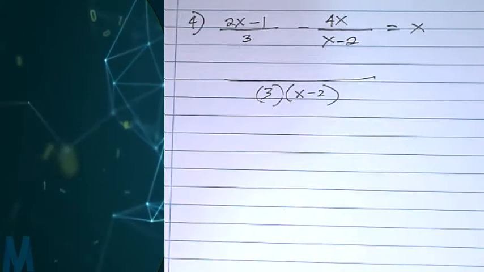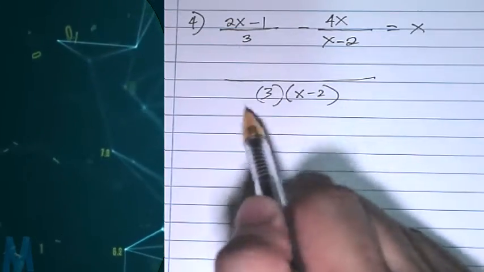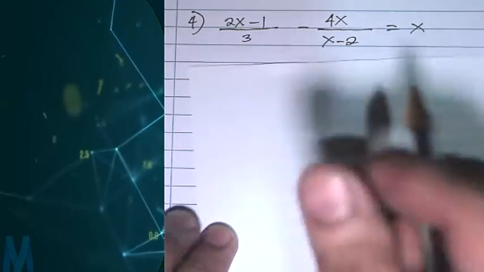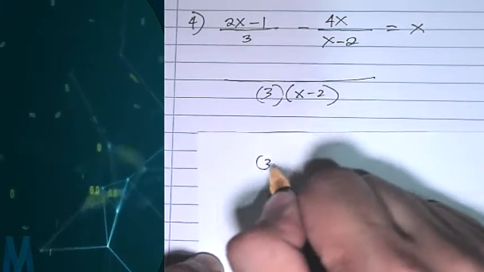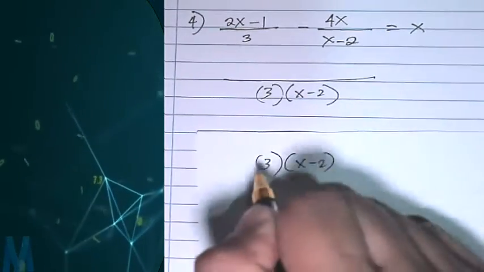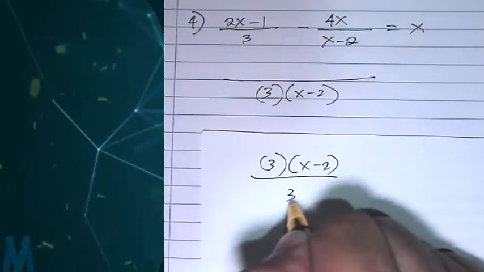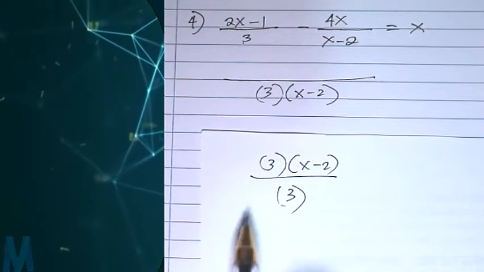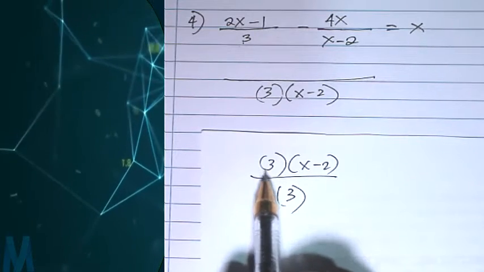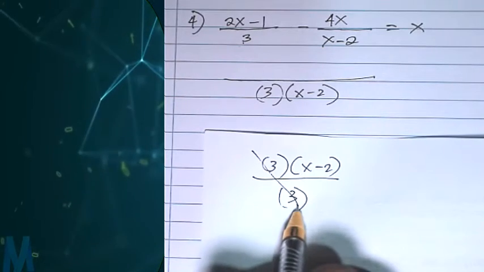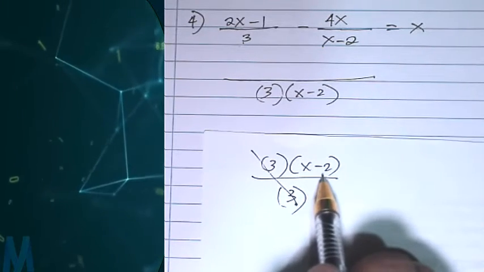Okay, so if we're going to divide this term with this one, so that is 3 times x minus 2 divided by 3. Okay? So there are the same factors in the numerator and in the denominator, so they can cancel. That's why what remains is x minus 2.